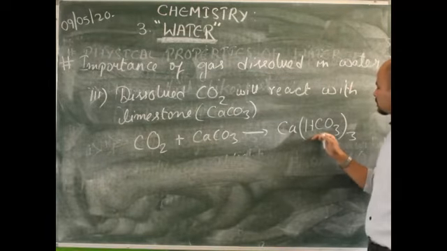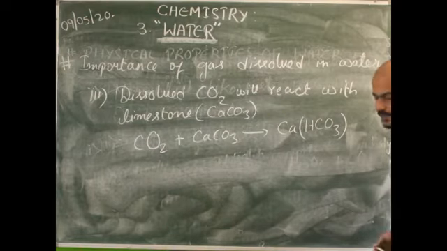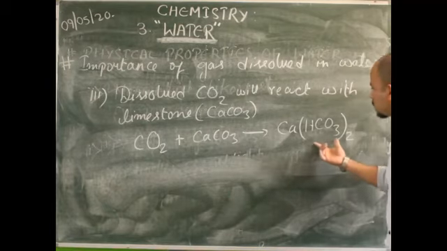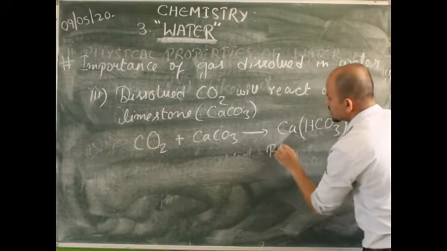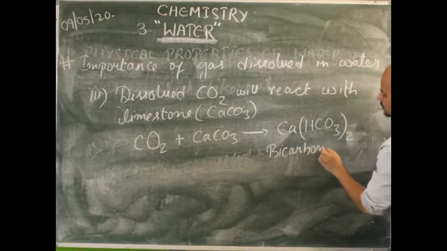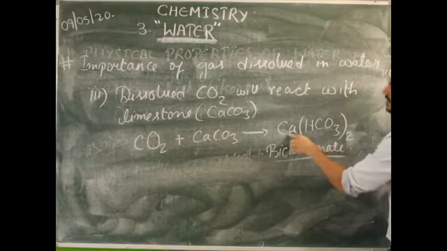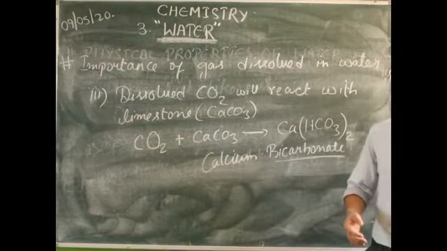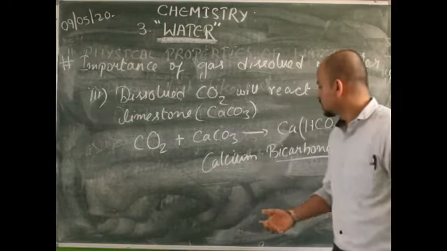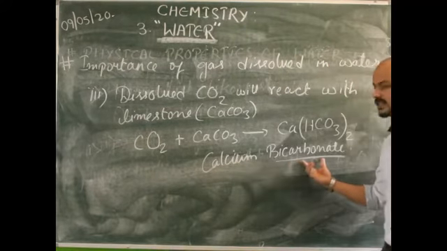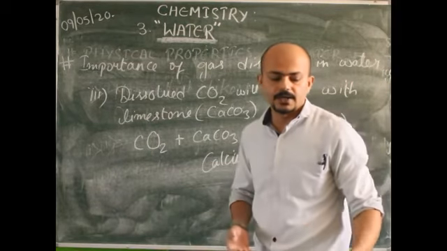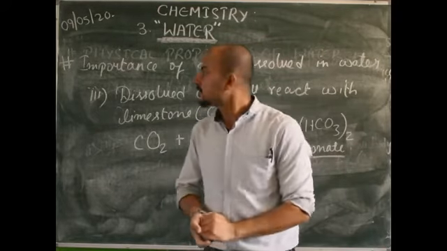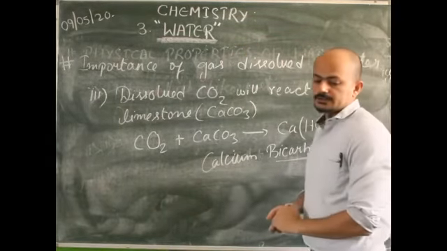This calcium bicarbonate has to have a 2 here because the valency of calcium is 2. This is bicarbonate, and in front what you have? Calcium. So it is calcium bicarbonate. Now the snails and the oysters use this calcium bicarbonate for making up their shells. So these were the importance of gases dissolved in water.